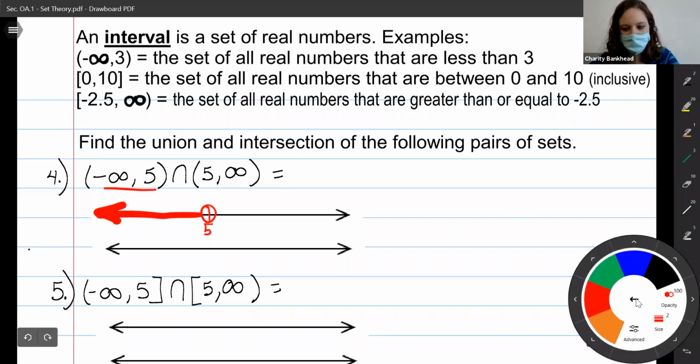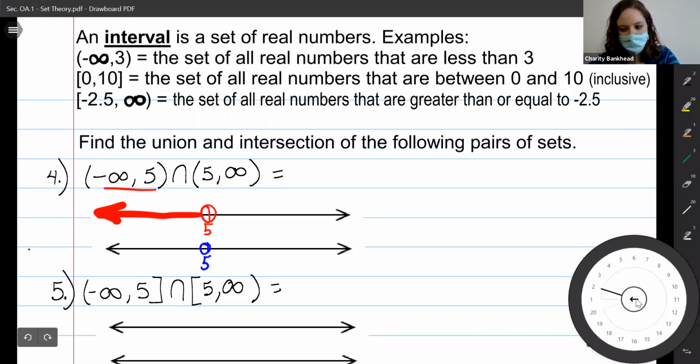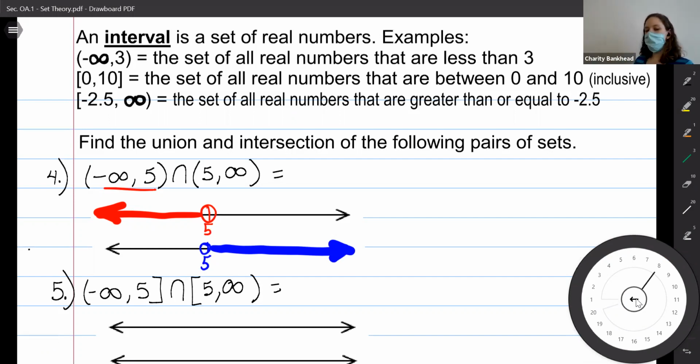And on the other one, we have 5 with an open circle, and we would shade it to the right. And we're trying to find the intersection or the overlap of these two. So where do these two sets overlap?